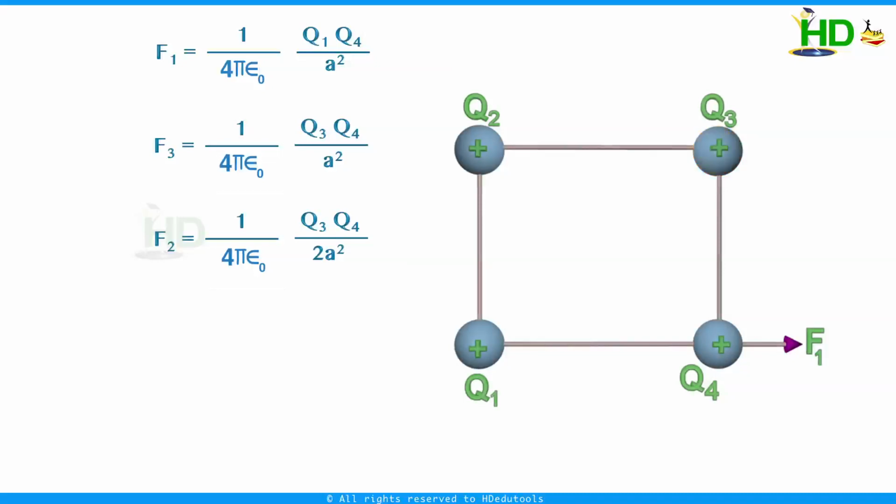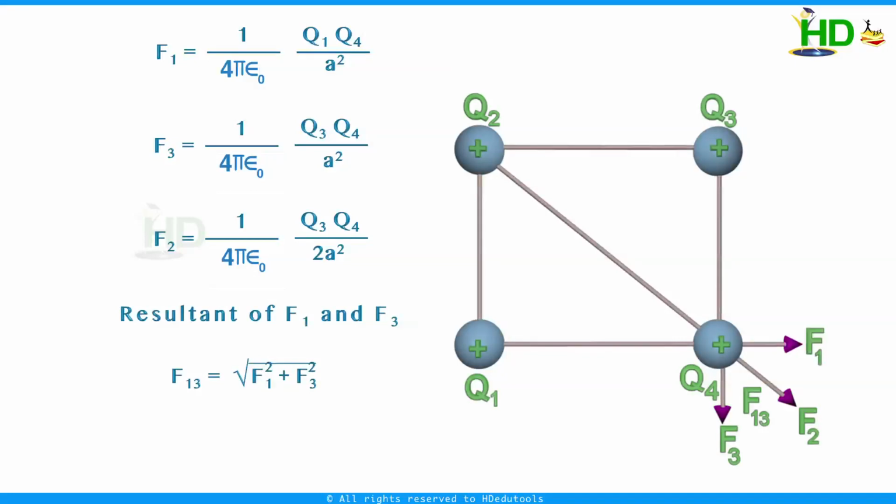Due to Q3, a force is acting along this direction. It is F3. And due to Q2, a force is acting along this direction. That is F2. The resultant of F1 and F3 is also in the same direction as F2. Therefore, the net force acting on this charge Q4 is F2 plus F13.